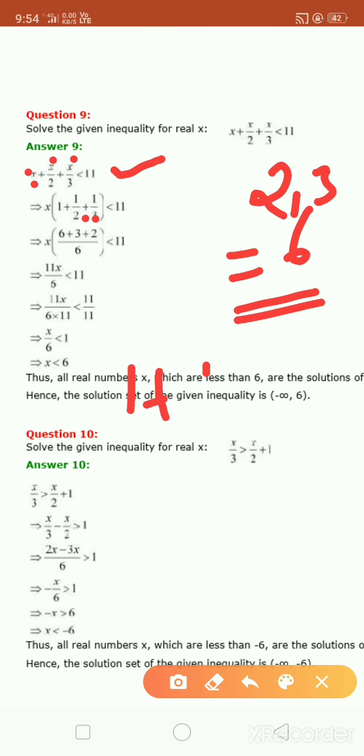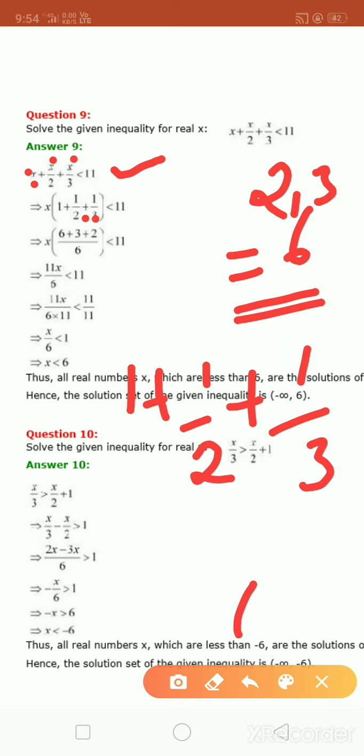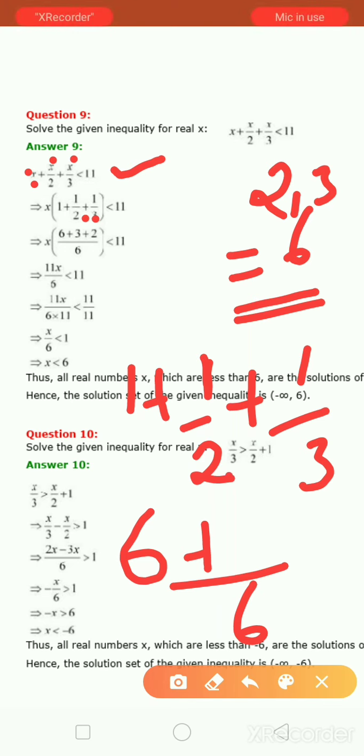1 plus 1 by 2 plus 1 by 3. LCM will be 6. We can multiply by the LCM here. 6 ones are 6, plus 2 threes are 6, plus 3 twos are 6. So 6 plus 3 plus 2, you will get 11 by 6 into x is less than 11.